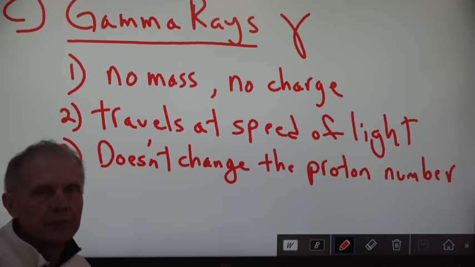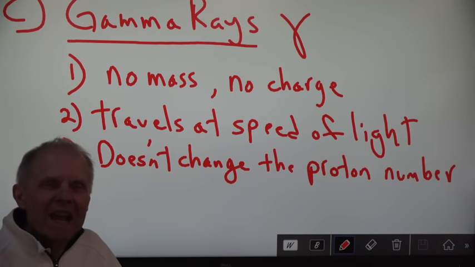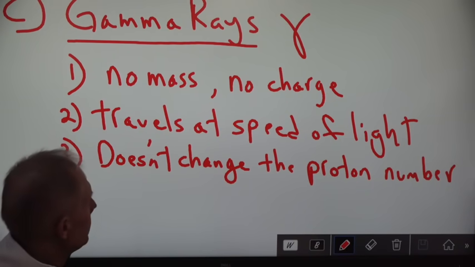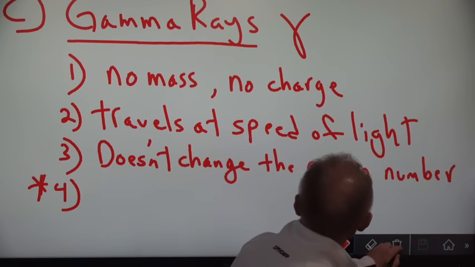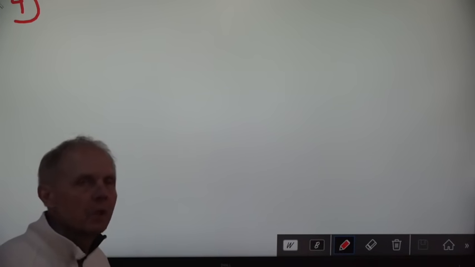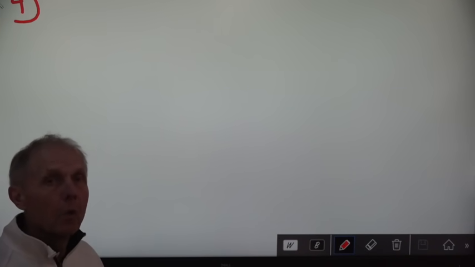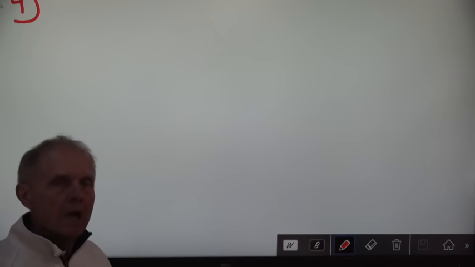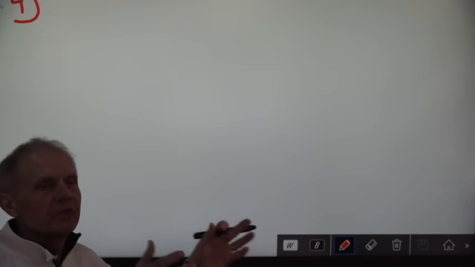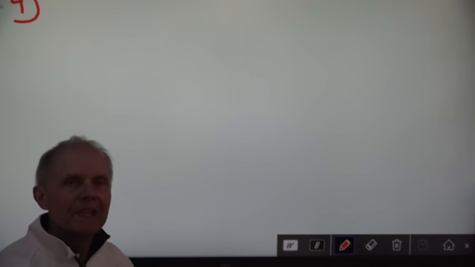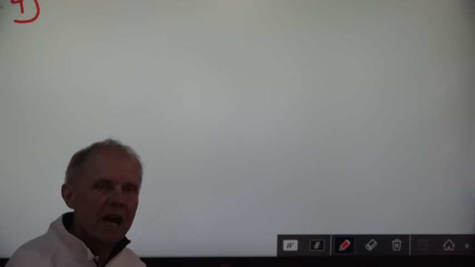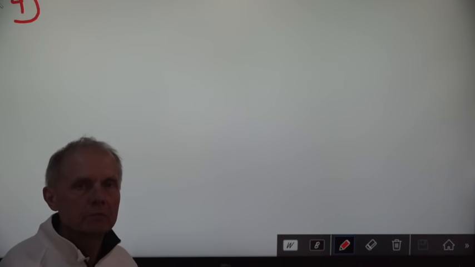So we're going to put an asterisk at number 4. So what does a gamma ray actually do? If it doesn't mess with the proton number, what does it do? Well, here's what it does. If a radioisotope is giving out gamma rays, it's lowering the energy content of that radioisotope. Okay?